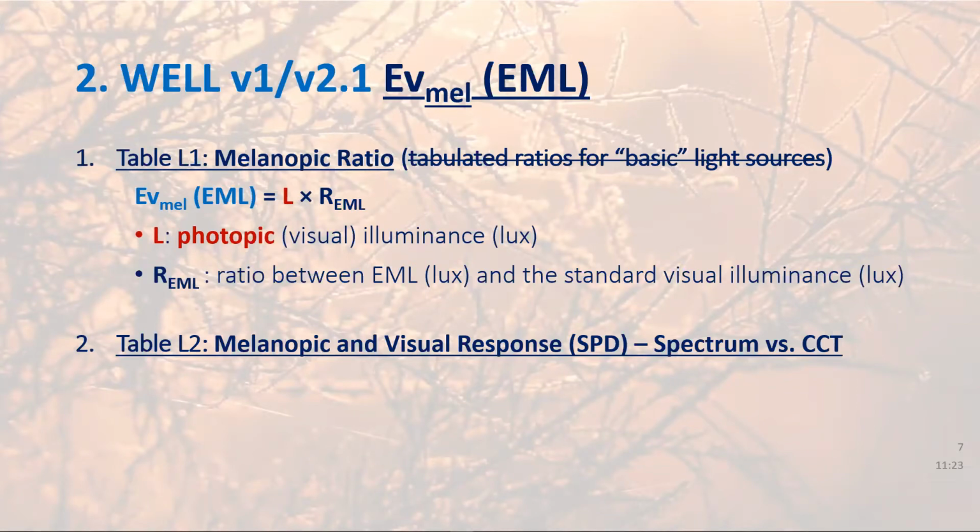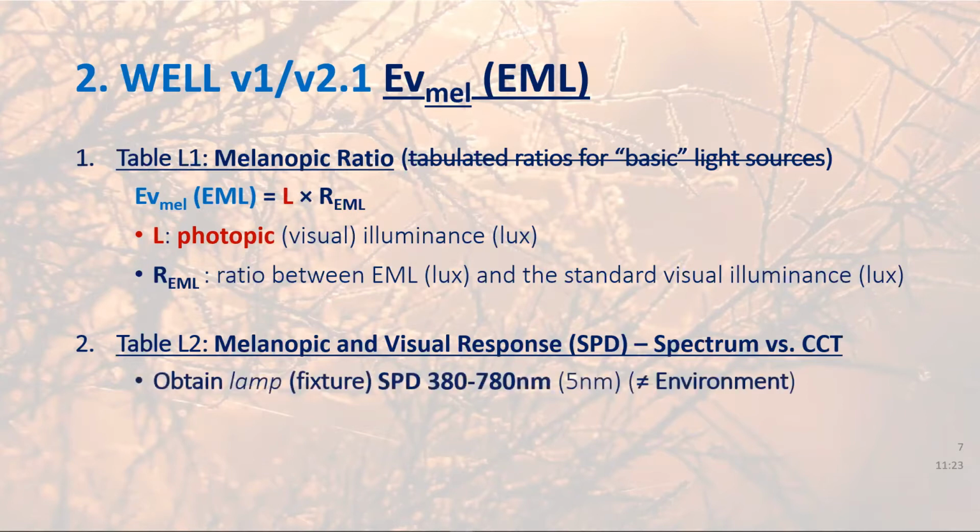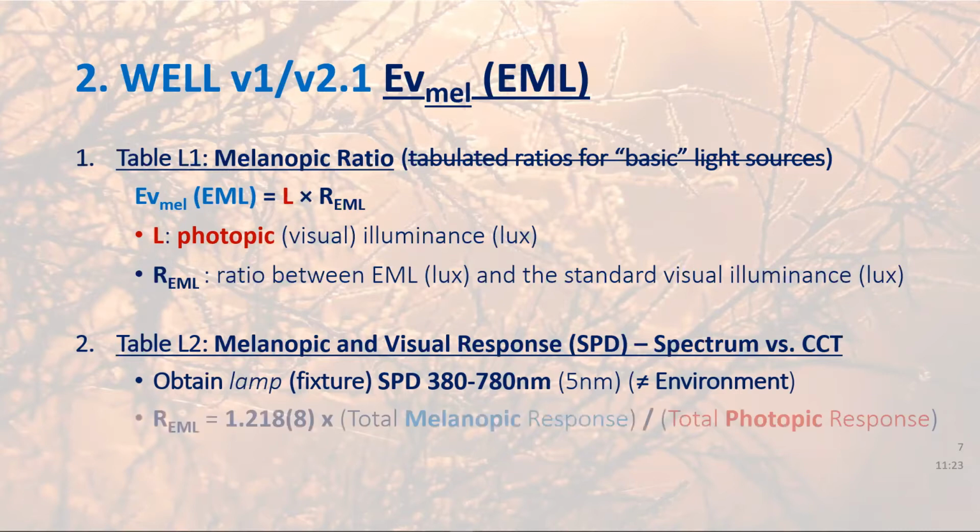We can either go through a table that is discouraged, and we should go into spectrum evaluation. So we have to get the SPD of the lamp or the fixture, but at the end is the environment. And then we have a weighting function that will take us from photopic into melanopic.